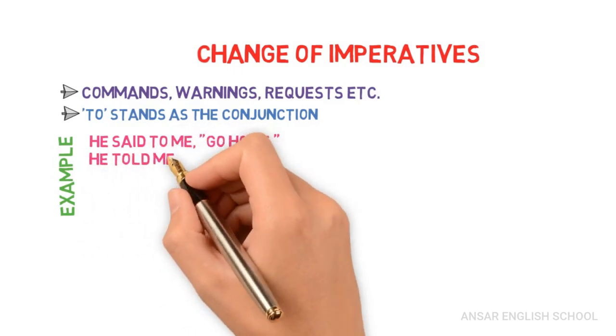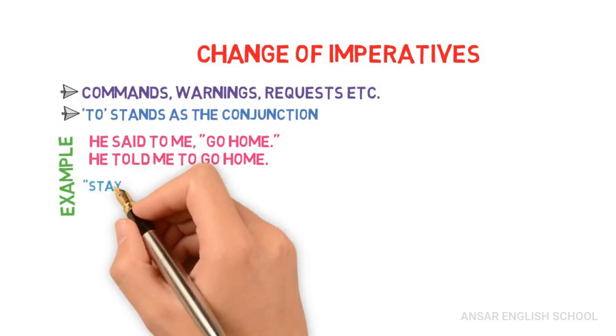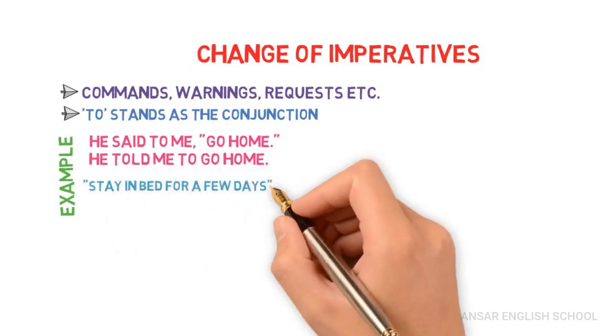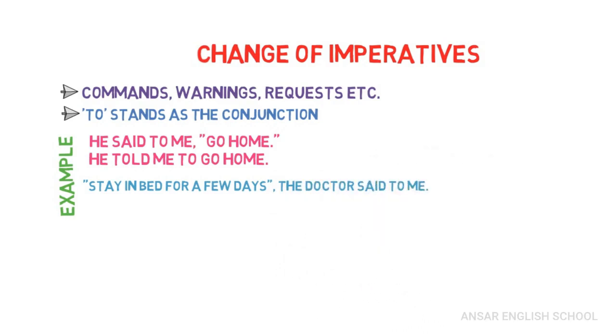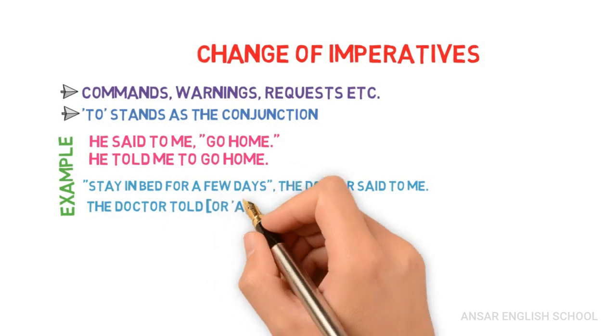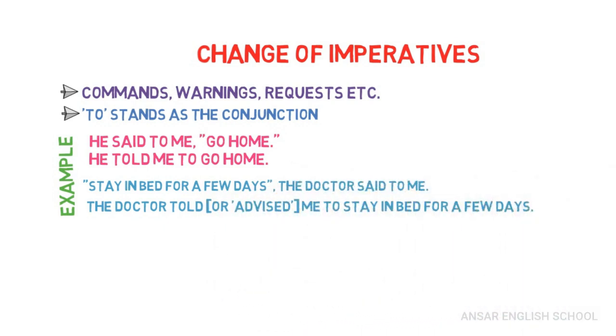He told me to go home. So we are introducing the preposition to as the conjunction, and the tense of the rest of the sentence will not change. Then, "Stay in bed for a few days," the doctor said to me. You can either use told or advised as the reporting verb. The doctor told or advised me to stay in bed for a few days.